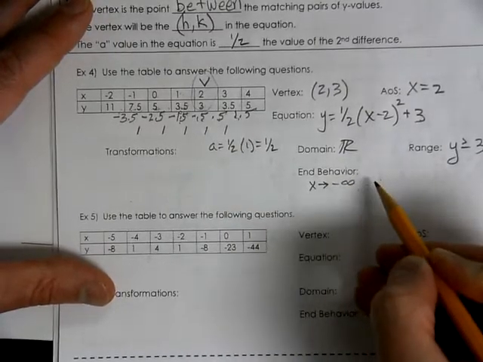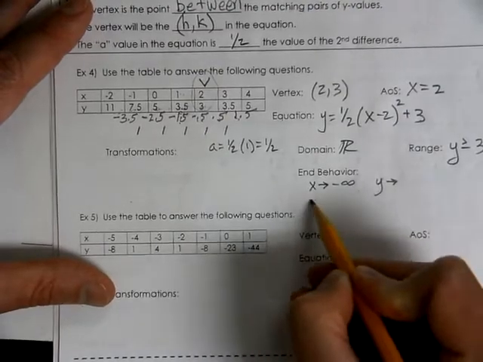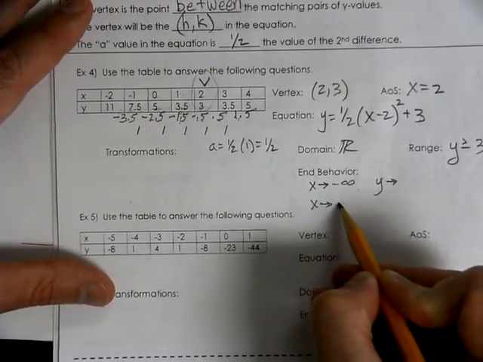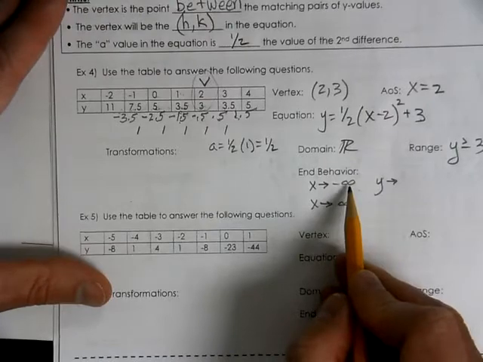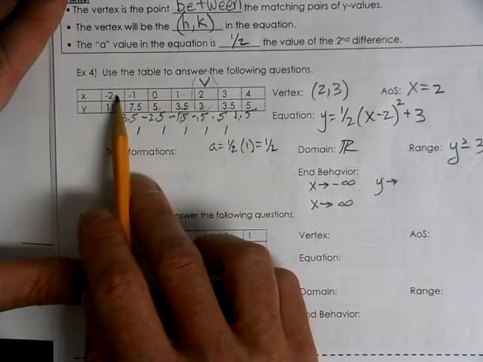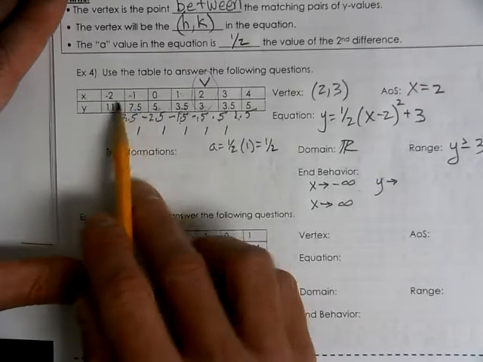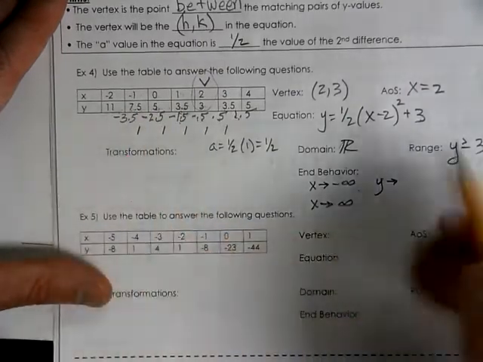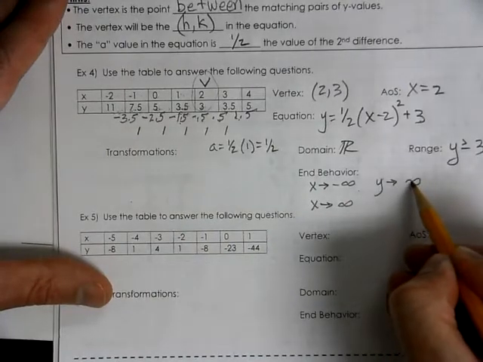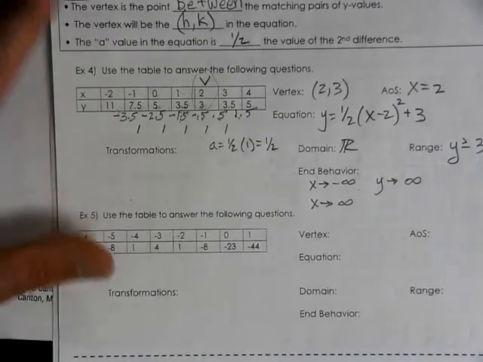Your end behavior. As x heads negative, if you look at your graph, as x heads to the left, where are the numbers going? The numbers are going upwards, so your function is going to infinity.